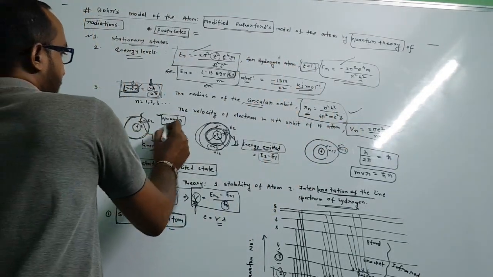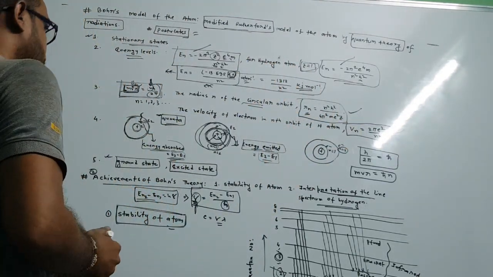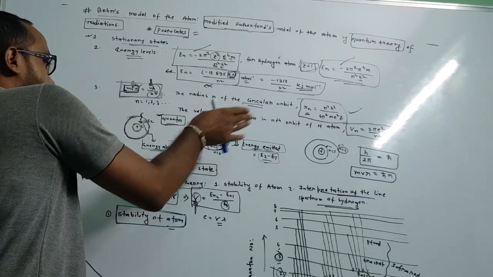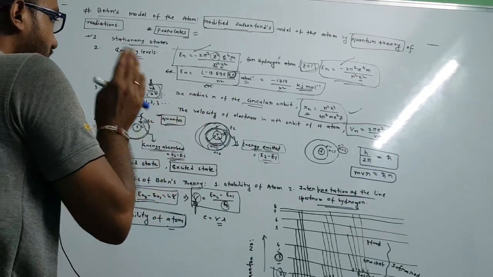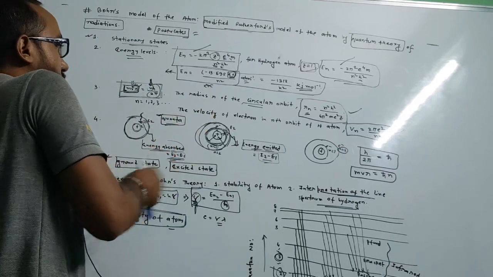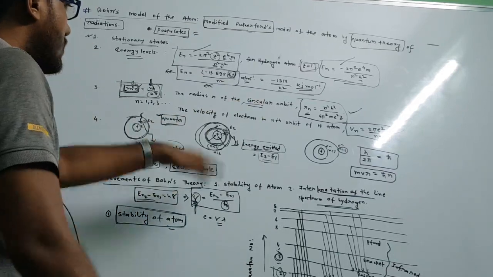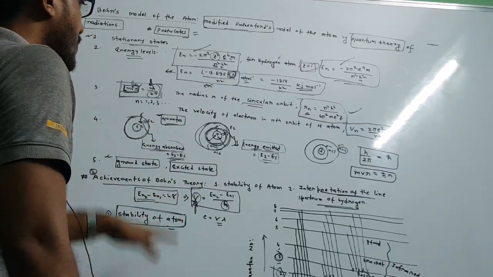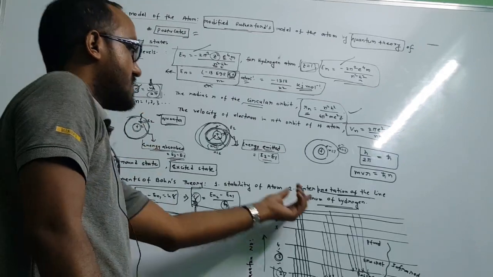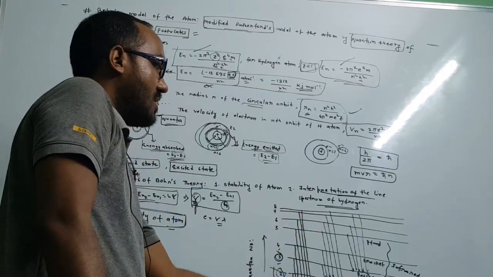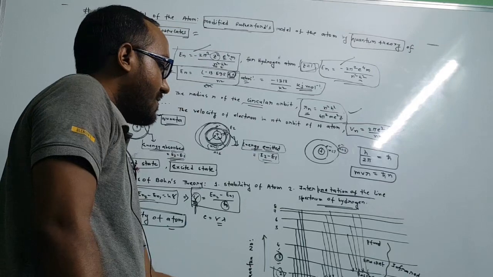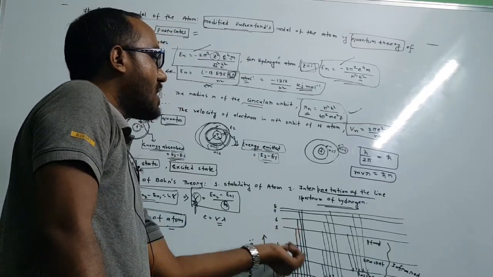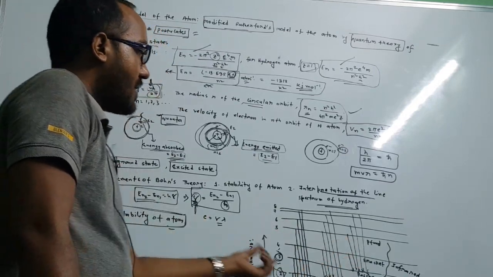And the second thing is packets or quanta. Bohr specified that energy cannot be lost continuously. We can verify this from the hydrogen spectrum: every orbit has its own quanta of energy or own energy levels.